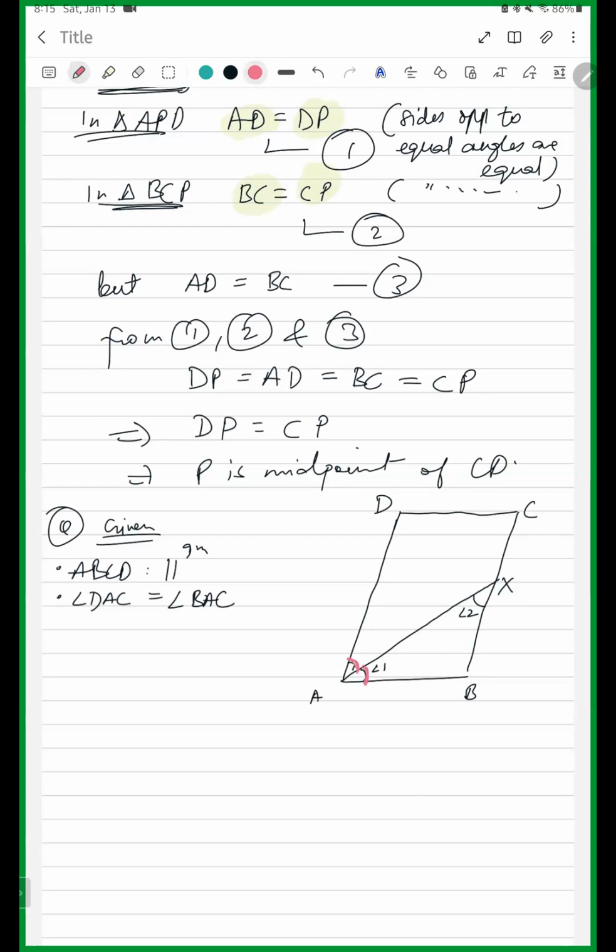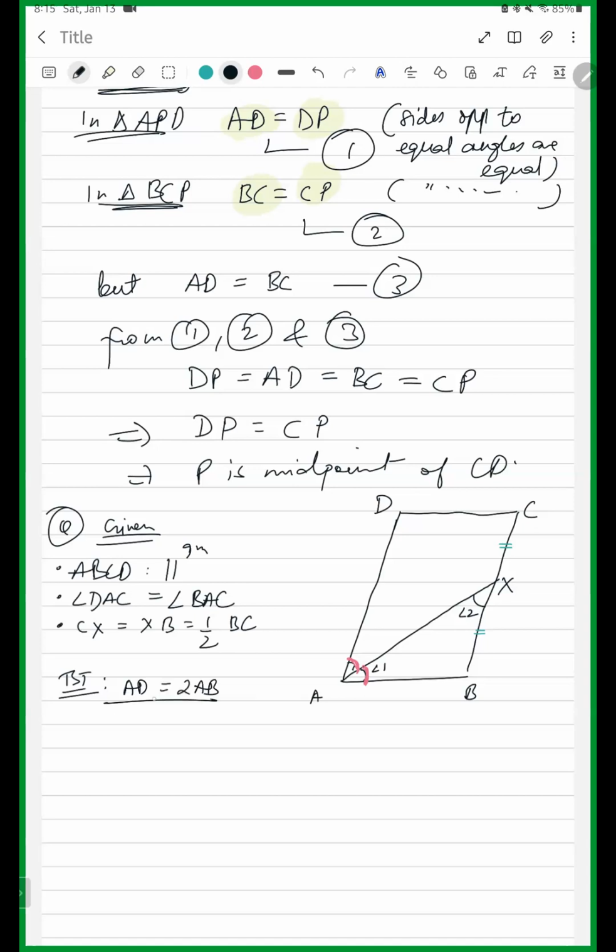And the other thing that is given is that this portion is equal to this portion, meaning CX is equal to XB is equal to half of BC. To show that AD is twice of AB.